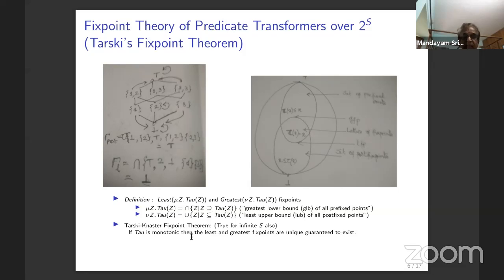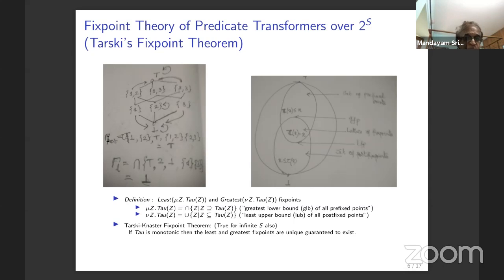Although in my illustrations I'm showing only finite states, they are true of infinite states, even when the partial order is infinite. As long as tau is monotonic, the least and greatest fixed points are unique, and they're guaranteed to exist. And the fixed points themselves form a complete lattice.